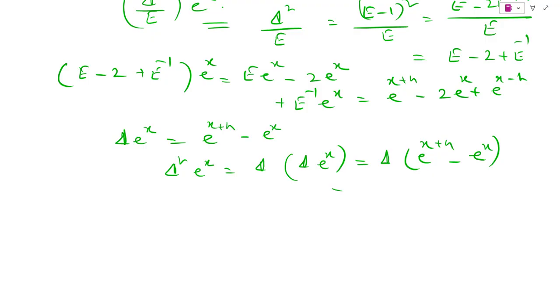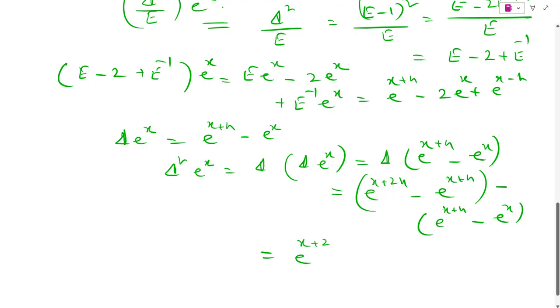So this is equal to e to the power x plus 2h minus e to the power x plus h minus e to the power x plus h plus e to the power x. So this will be equal to e to the power x plus 2h minus 2 into e to the power x plus h plus e to the power x.